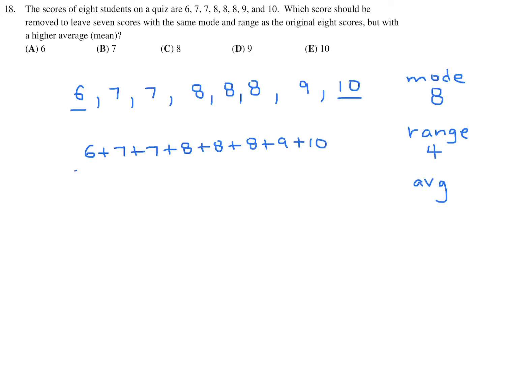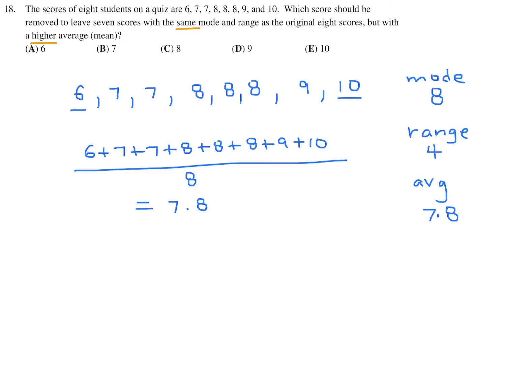I've got to divide by the number of numbers, which in this case is 8. And this looks like about 7.8 approximately. So now I've got to take out one number from this list so that the mode and the range stay the same, but the average becomes higher.